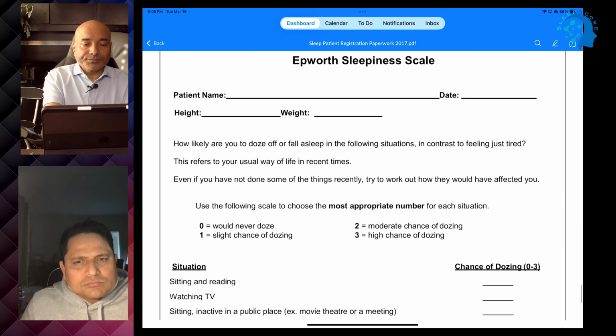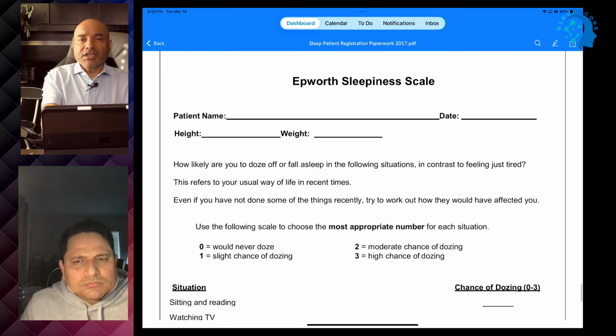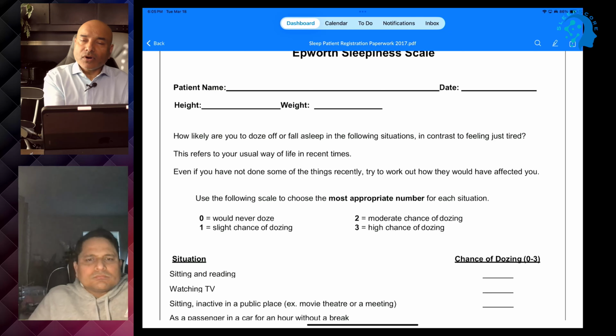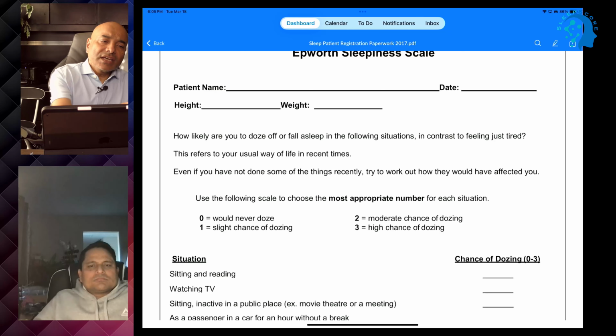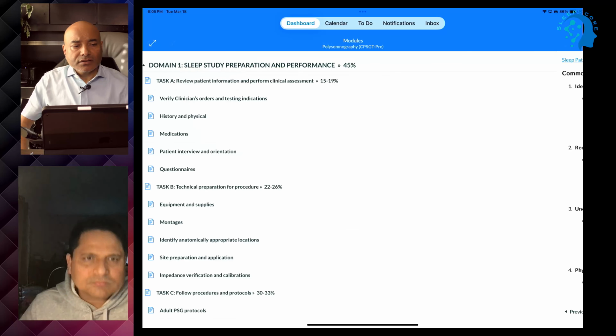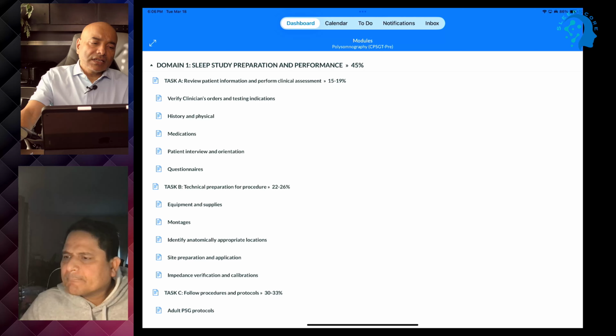Now, okay, this is our last part of the sleep questionnaire. From this sleep questionnaire, we can tell our patient may have sleep apnea. So this comes under history and physical.